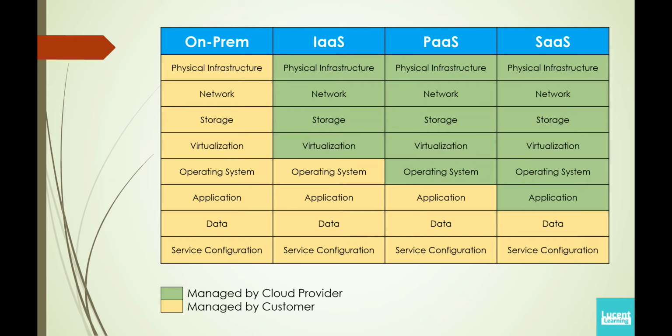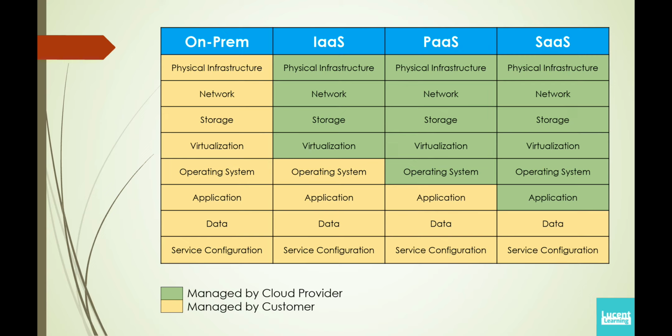Now, which operating system you need, which application you want to install, what the different data is, and what the service configuration is, you have to take care of. In platform as a service, cloud providers take care of physical infrastructure, networks, storage, virtualization, and even operating systems.